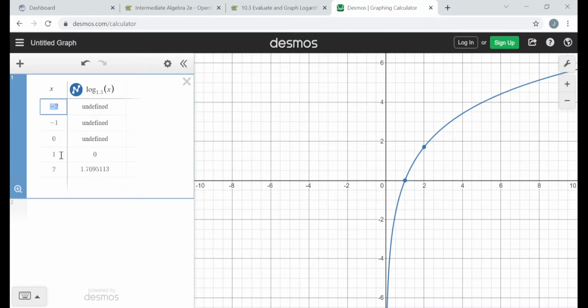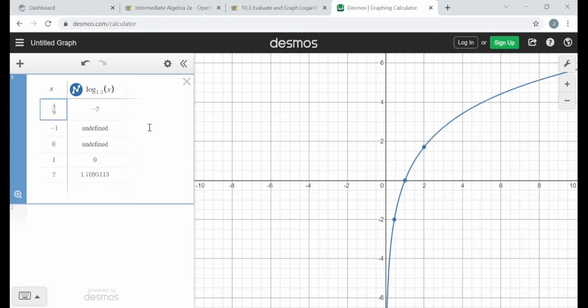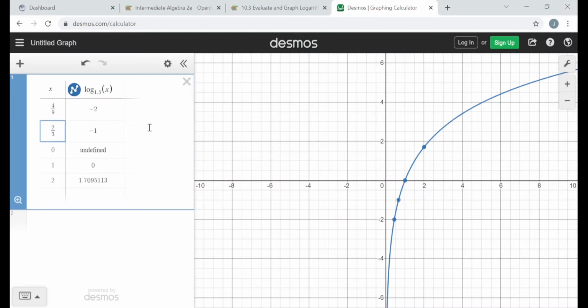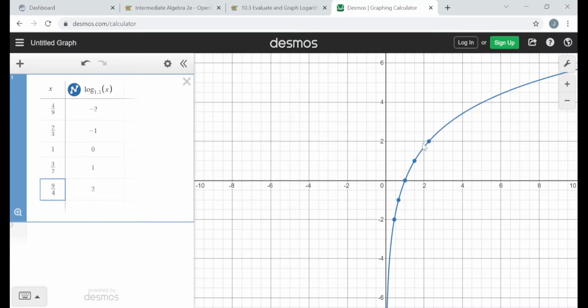Got to be positive inputs. So 4/9, -2, 2/3, -1, 1, 0, 3 halves, 1, 9/4, 2, and so on.